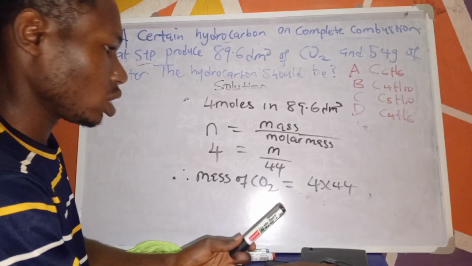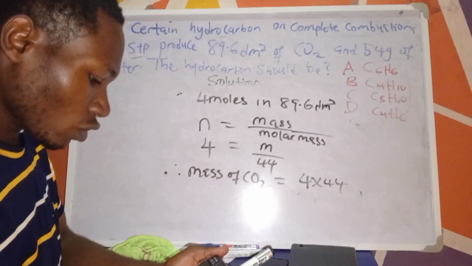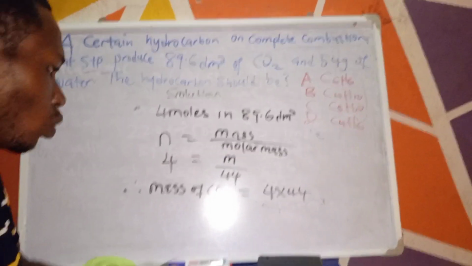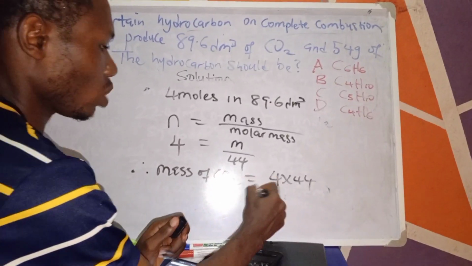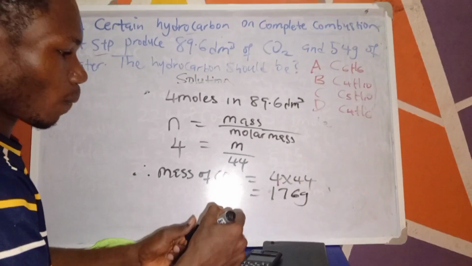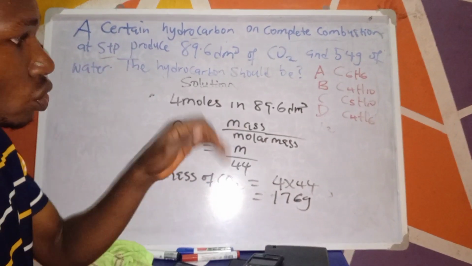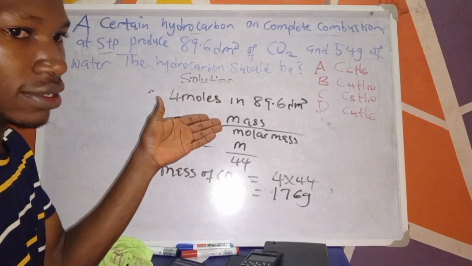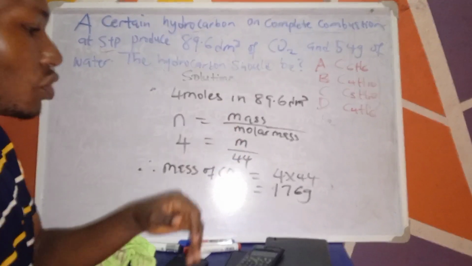And punching your calculator, 4 times 44, we have 176 grams. So we have 176 grams of CO2 that was released from the combustion.